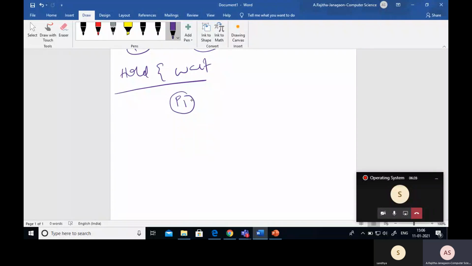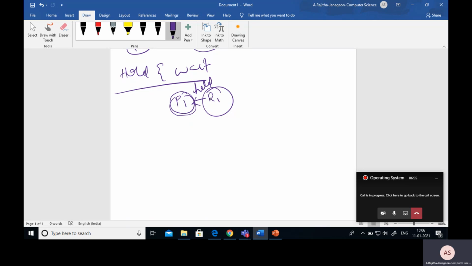This process P1 must be holding at least one resource, and it is waiting for a number of other resources.